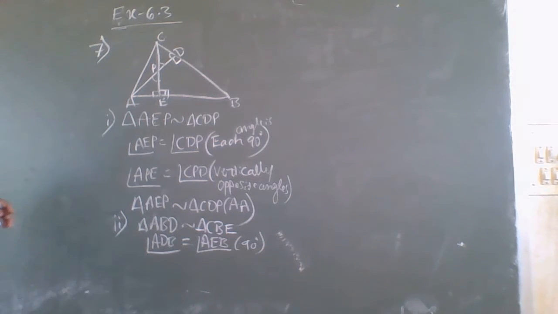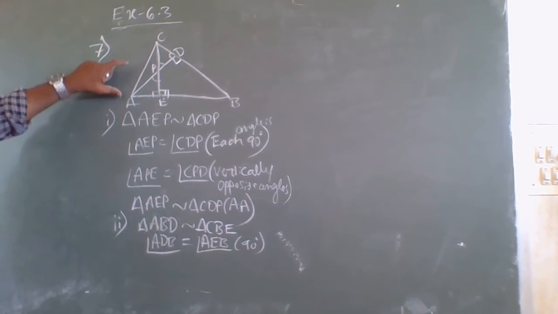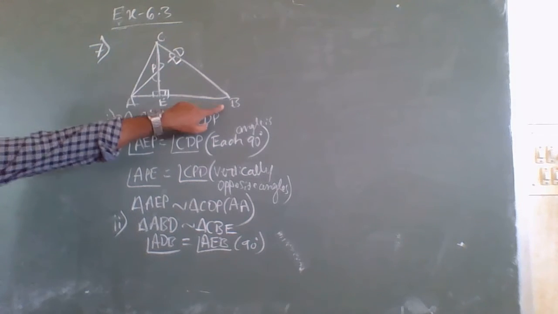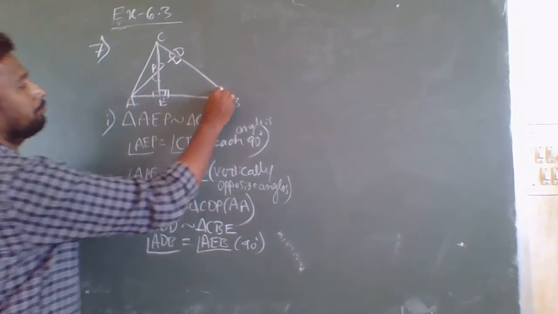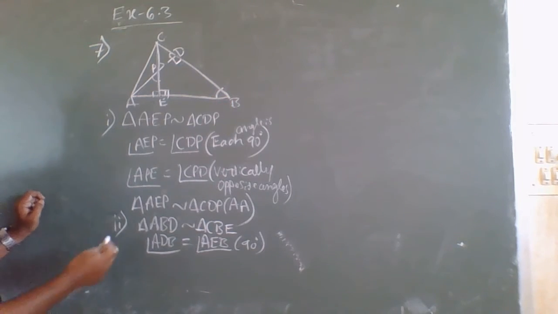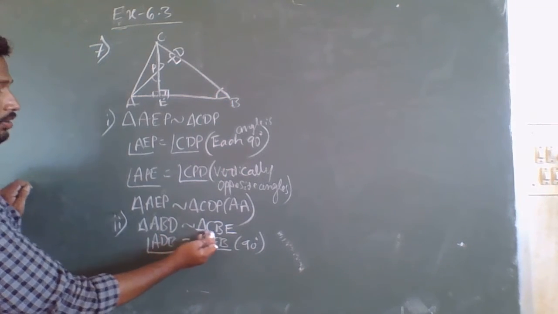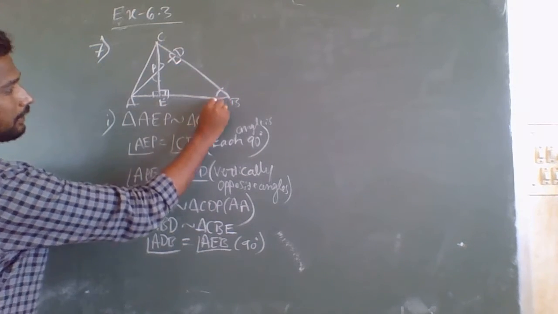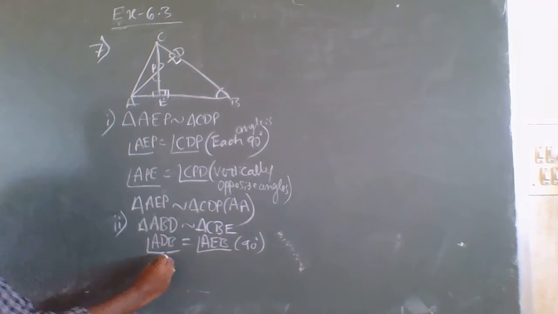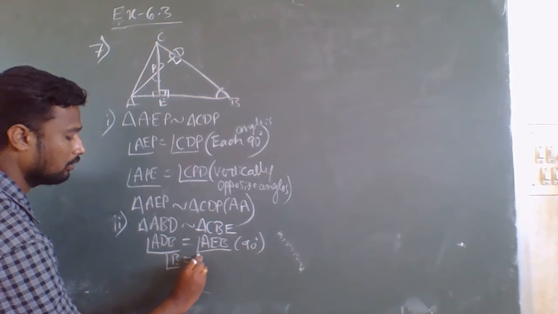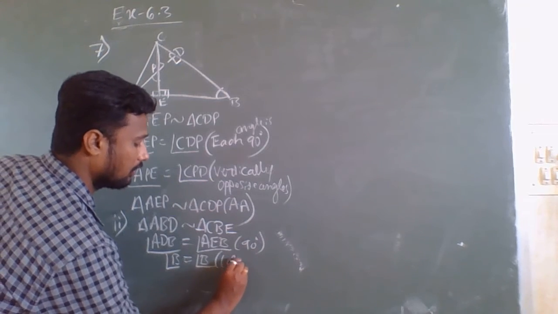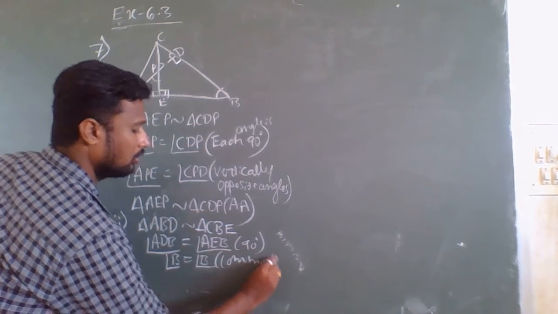Now again, angle ABD and angle CBE. This angle B is common in both the triangles, ABD and CBE. Therefore, here I will write angle B equals angle B. This is common in both triangles.